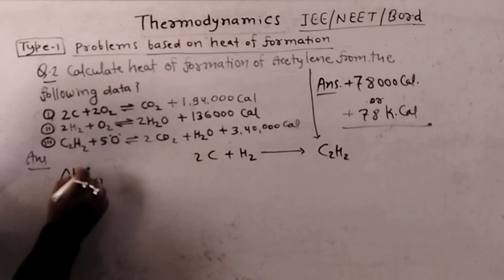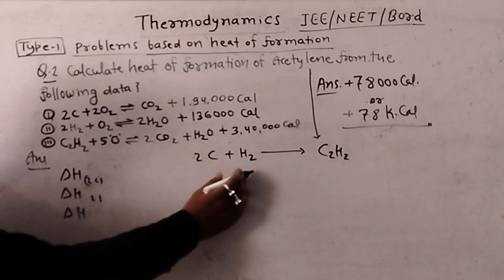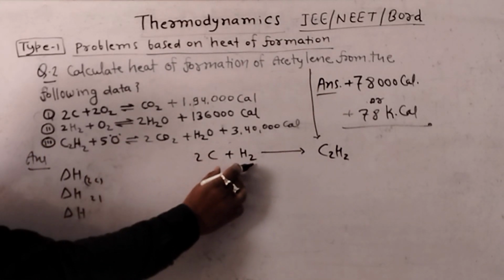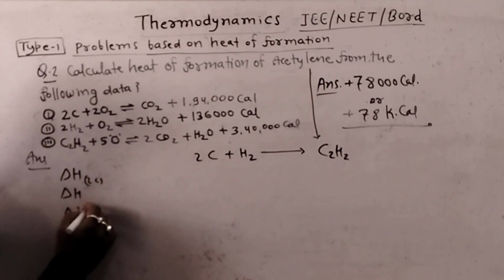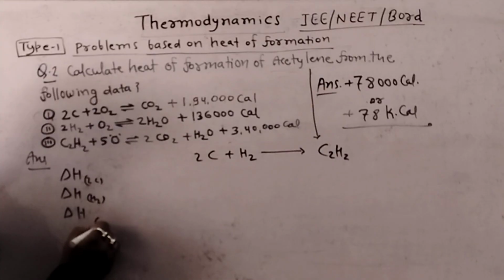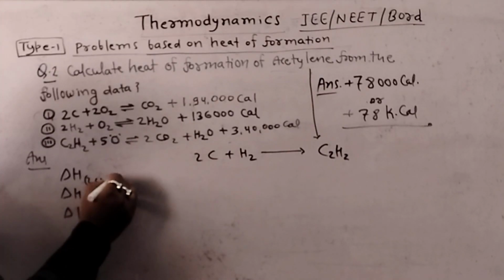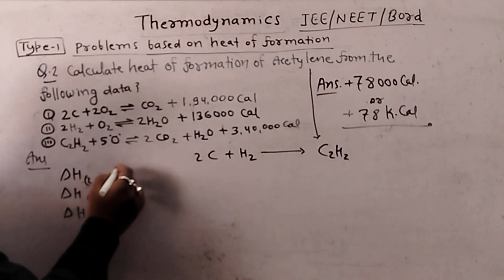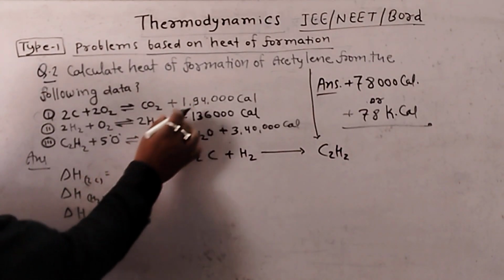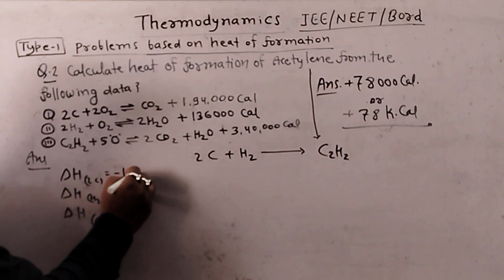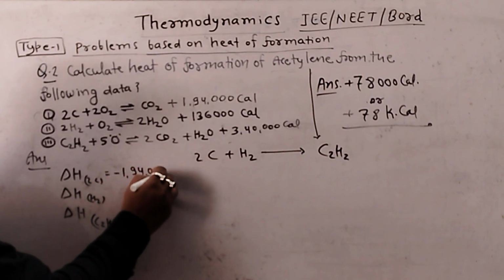The given data is for 2 moles of H2, but here 1 mole of H2 is required, so for 1 mole of H2 we find delta H for 1 mole of C2H2. Now first we change the sign. Due to the exothermic reaction, the sign is minus 1,94,000 calorie.